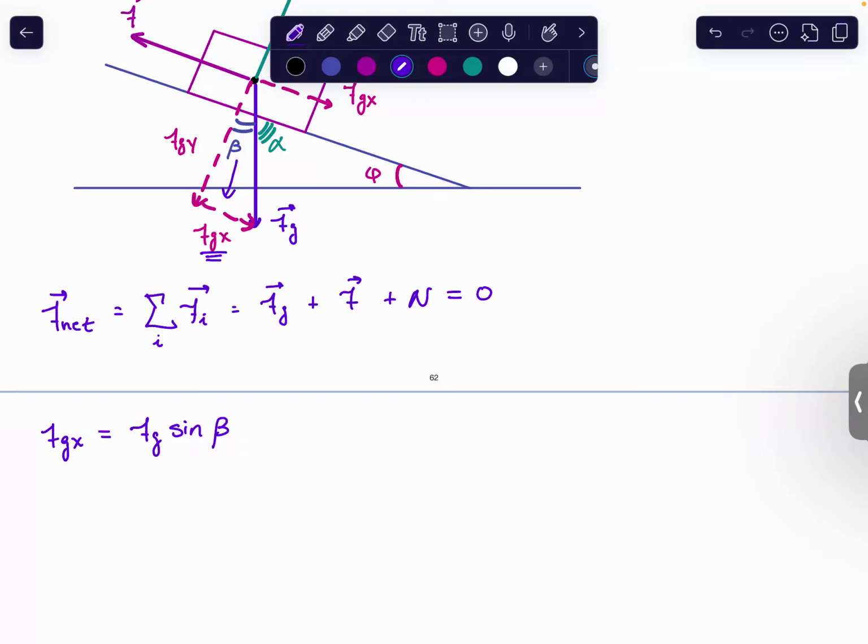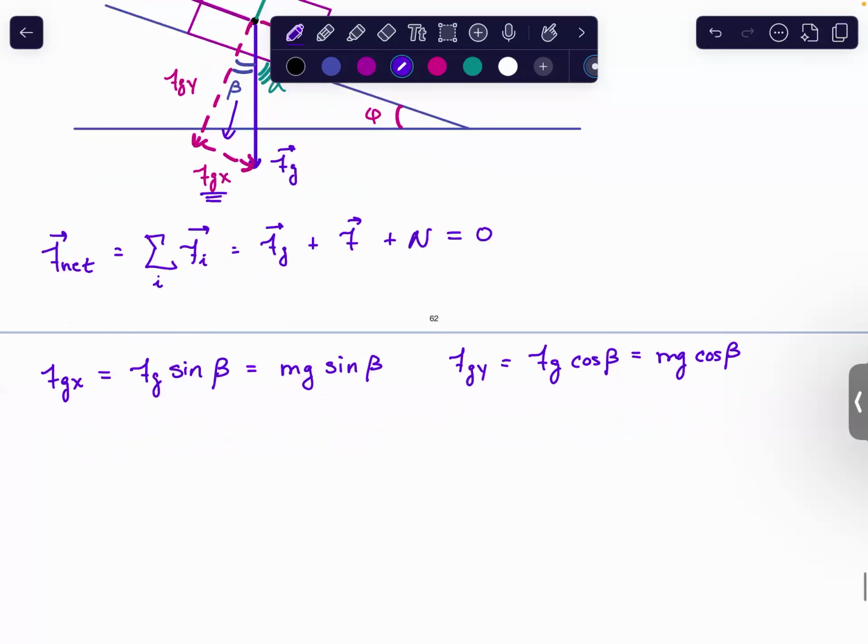Now, we also remember that force of gravity is your weight, so that's going to be mass times gravity sine of beta. Now let's look at our gravitational force in the y direction. It's going to be gravitational force cosine of beta, or mass times gravity cosine of beta.